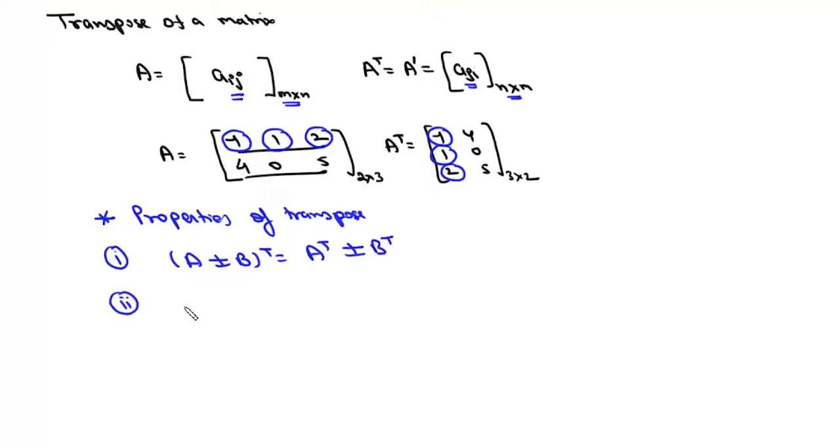The next one is if we have some scalar k multiplied to A, then (kA) transpose is the same as k into A transpose. So if we have the expression (2A minus 3B) transpose, we'll simply write this as 2A transpose minus 3B transpose.